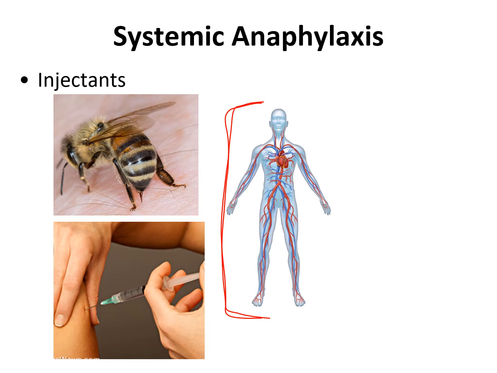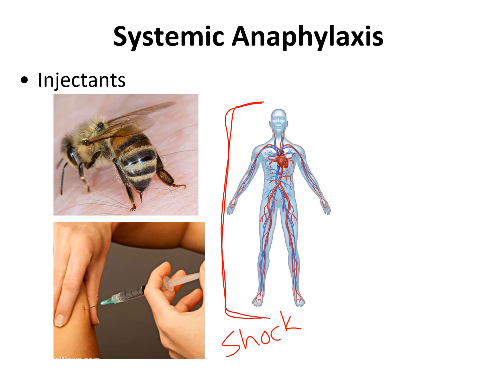And when you have a life-threatening loss of blood pressure due to the loss of blood volume, that person will go into shock. So this is what we refer to as anaphylactic shock. It's when you have an inflammatory response all over the body because the allergen is in the circulatory system.